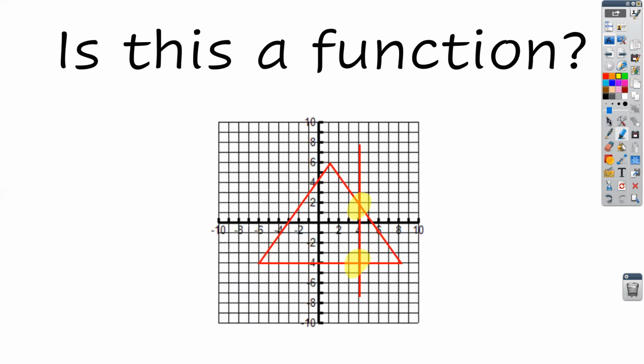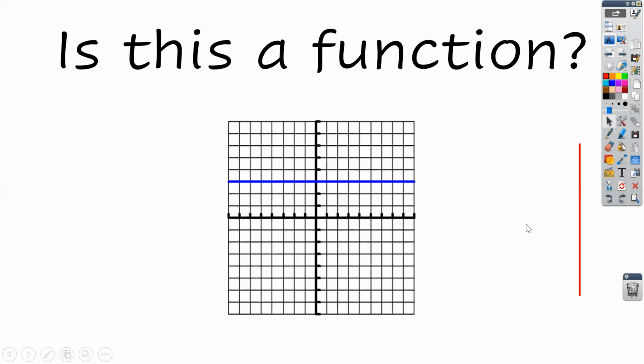Even if I were to move my vertical line to right here, where it looks like it may be touching only one time, it's not touching one time at all times, therefore that's why it is not a function. Function, yep, passes my vertical line test.